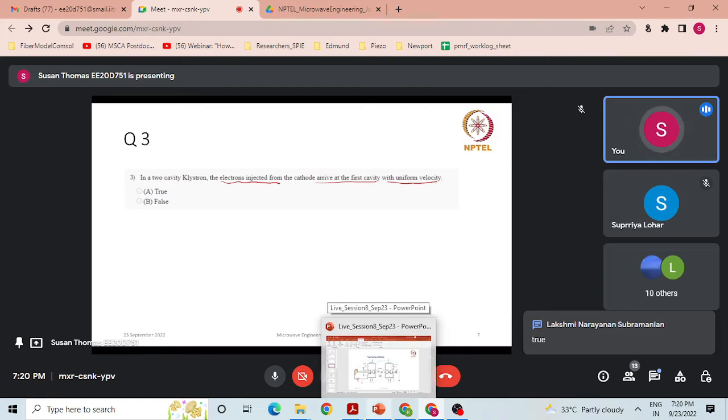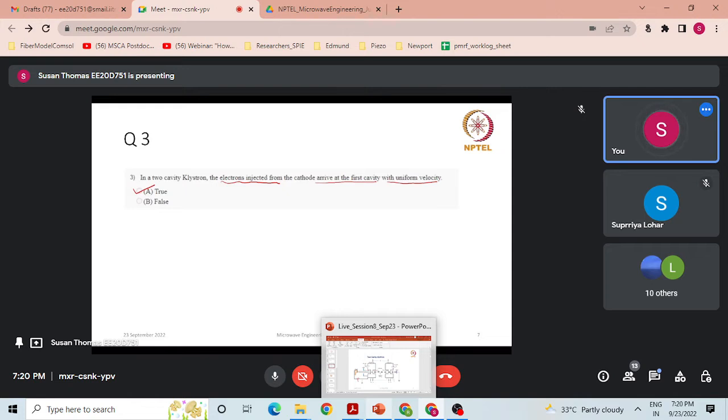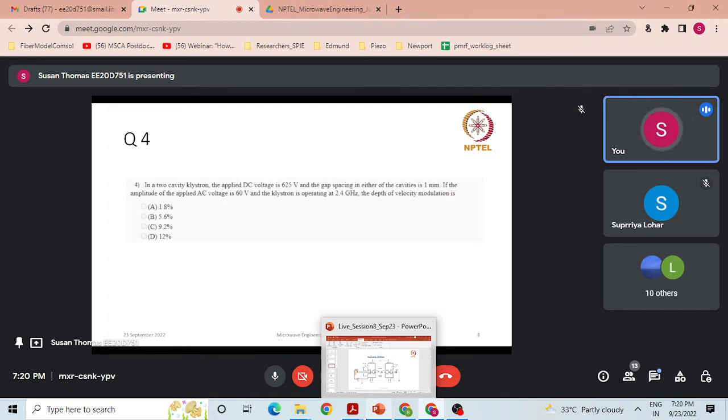Yes, it's a true statement. Electrons reach the first cavity with uniform velocity, and as they interact with the RF signal, they get velocity modulation. Okay, let's go to the next question.